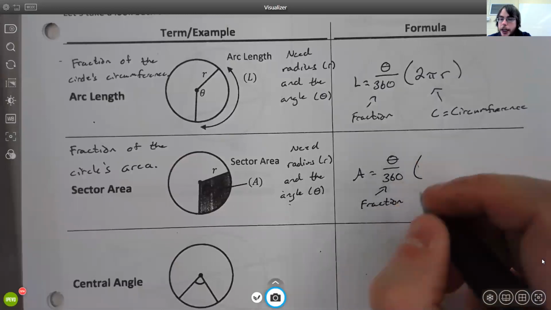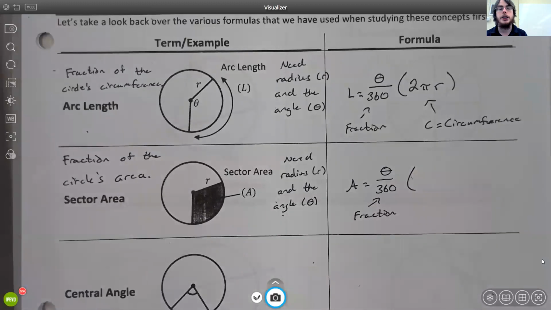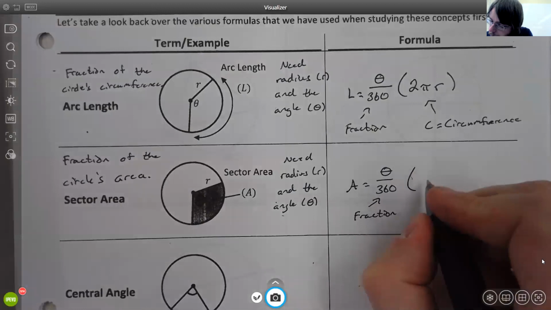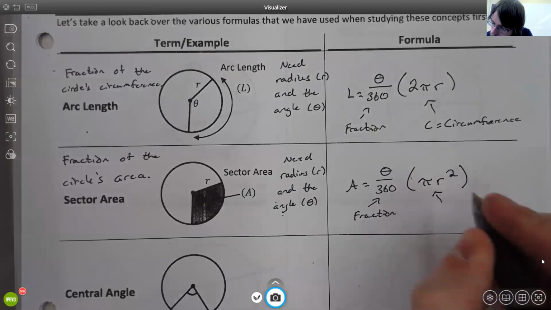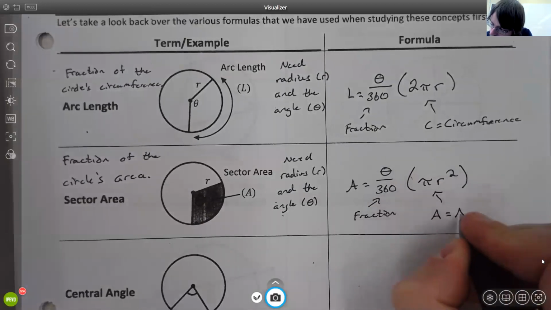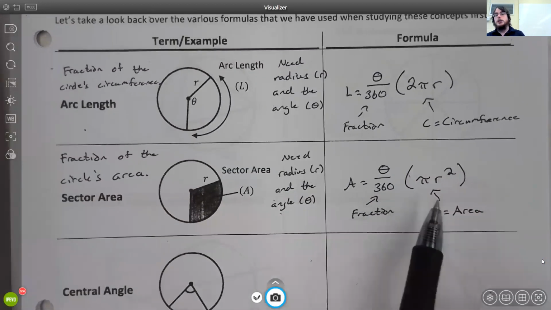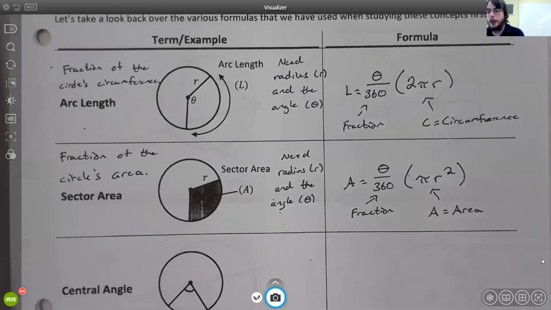But what is going to change is what's in the parentheses, because instead of the circumference, this time it's going to be your area. And the area of a circle is given by pi r squared. So you take your fraction times your area, theta over 360 times pi r squared.